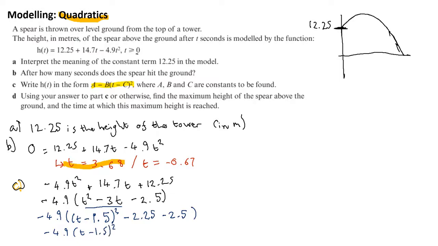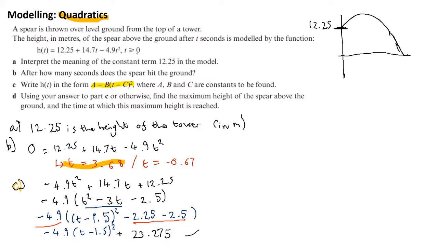And now in terms of this bit at the end, this numbery bit here, we have got minus 2.25 minus 2.5, which is minus 4.75. And then when you times minus 4.75 times minus 4.9, we get positive 23.275.